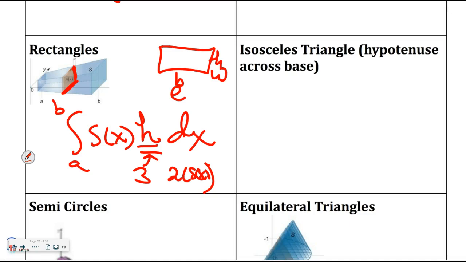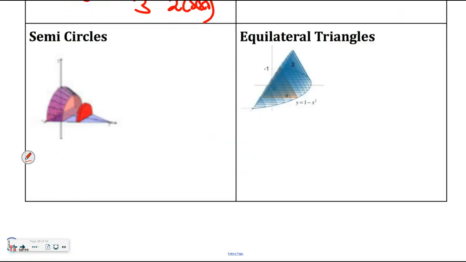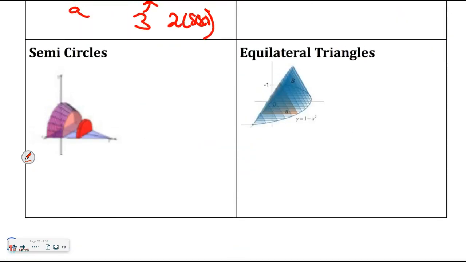I'm going to wait on that hypotenuse. All right, semicircles. Kaden, how do you get the area of a circle? Pi r squared. Okay. How do you get the area of a semicircle? Half pi r squared. Okay. Down here, whoops, I'm going to need a different color. Down there on the bottom, let's go right here in black. That's not the radius.